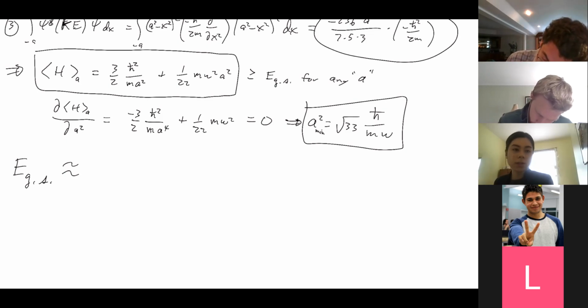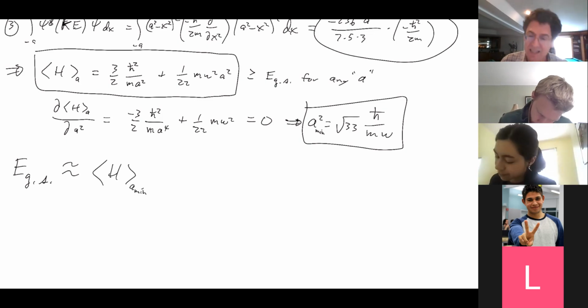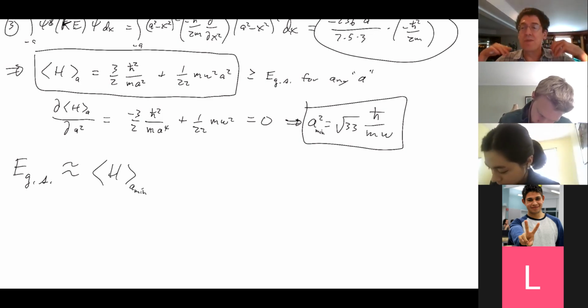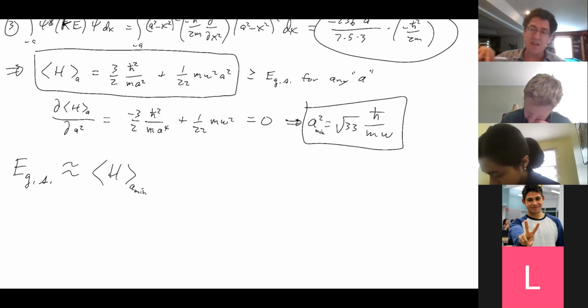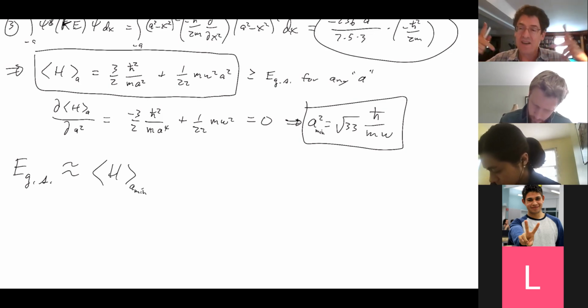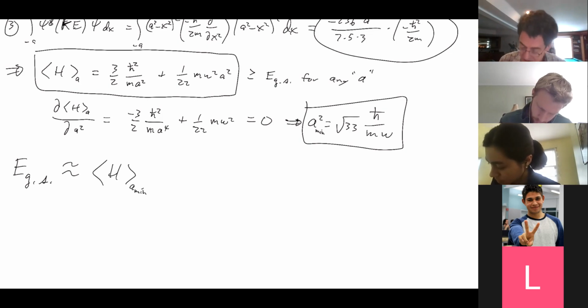That's exactly right. That's the assumption of the variational principle. I assume that the ground state energy is approximately equal to the expectation value of the Hamiltonian using the function that minimizes that number. It's harder to say than to do. So let's just plug it in there.